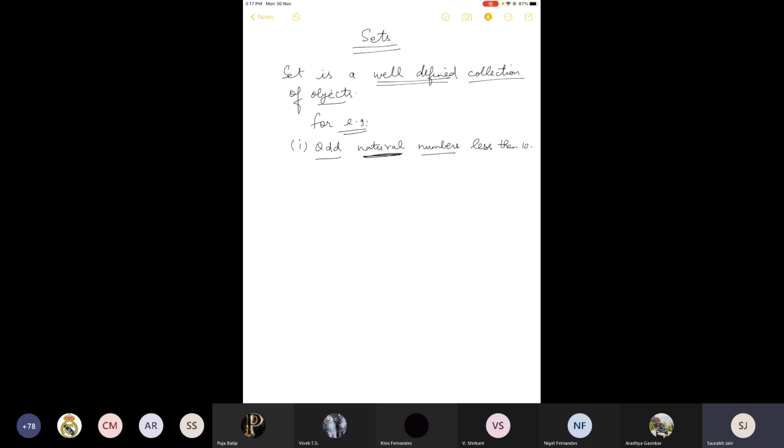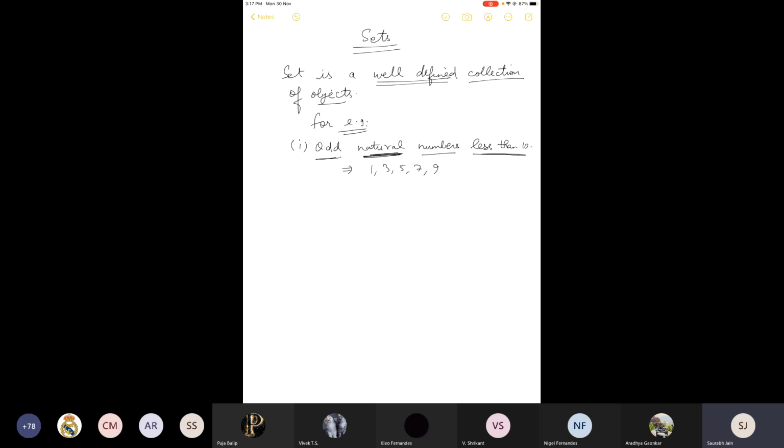Odd numbers which are natural and less than 10. So naturally, these numbers come to your mind: 1, 3, 5, 7, 9. Collection of these 5 numbers is well defined. No one else is going to write some other number. So it is a well defined collection and objects are numbers here. So this can be treated as a set.